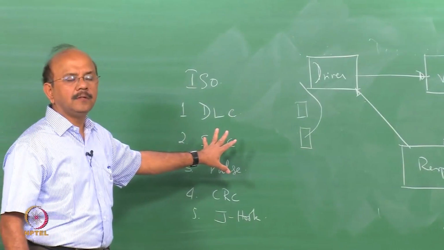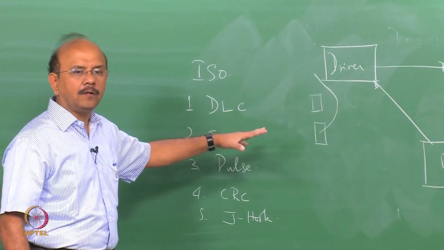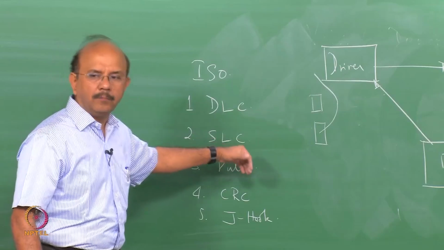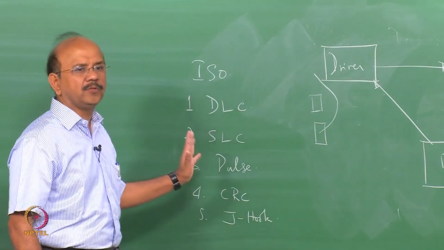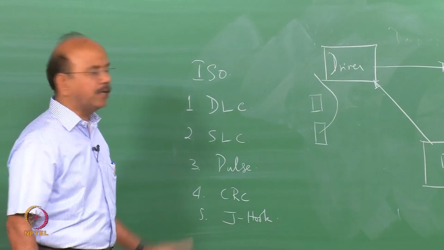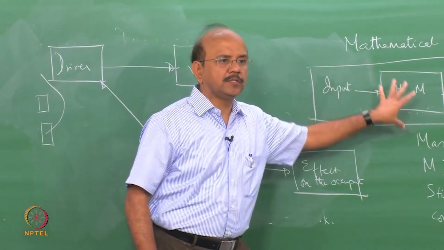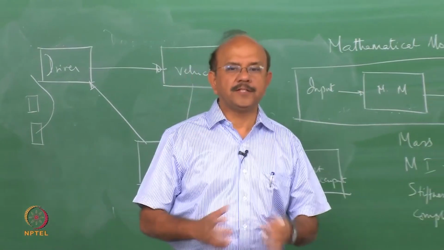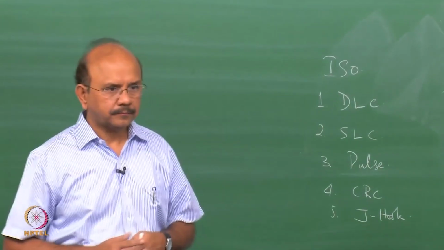There are tests. The tests involve either an input through steering or through brake and acceleration. We will mostly be using braking conditions. These tests are given as an input to this mathematical model, which is based on the good old Newton-Euler techniques and so on.